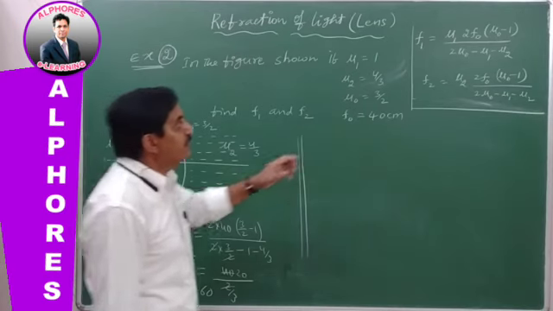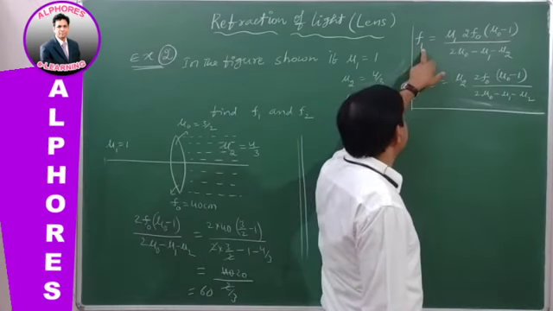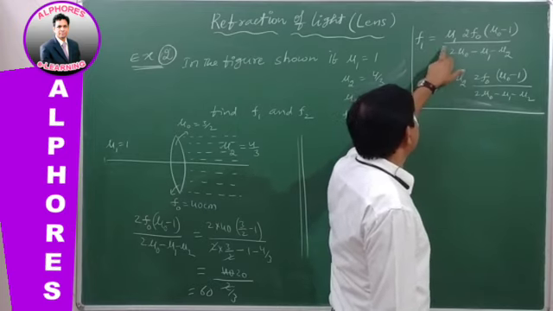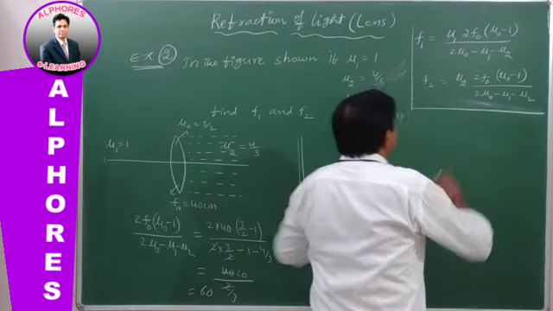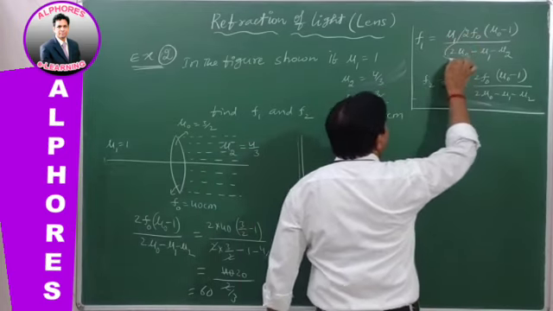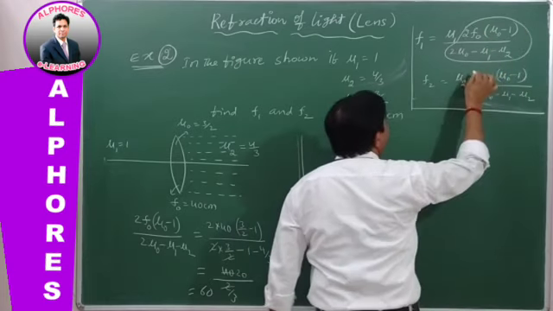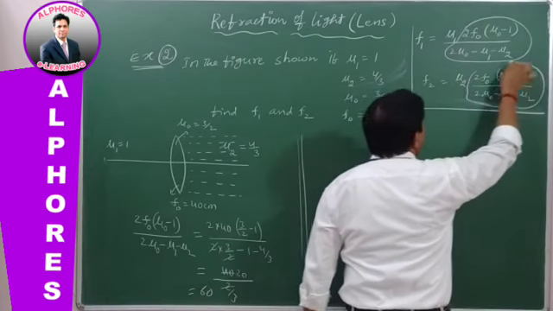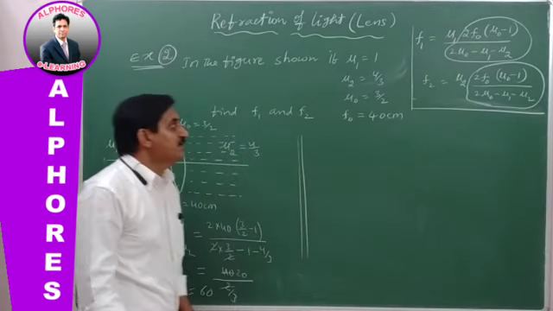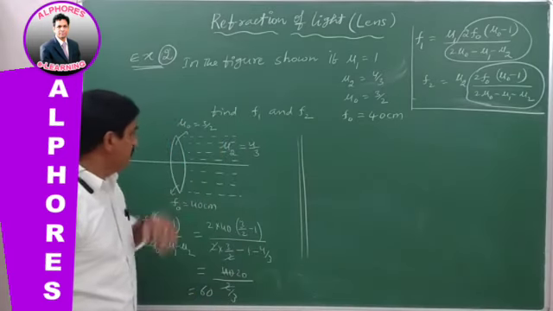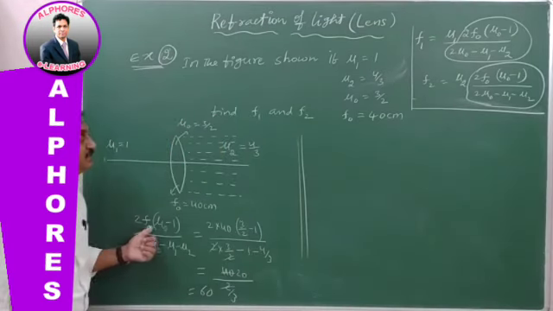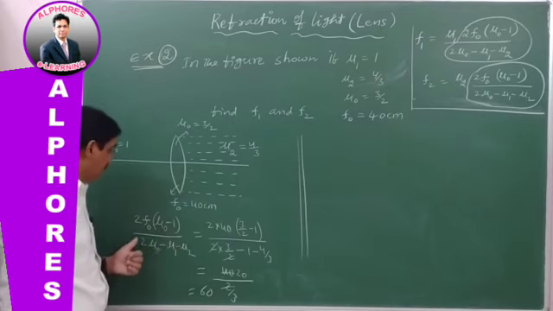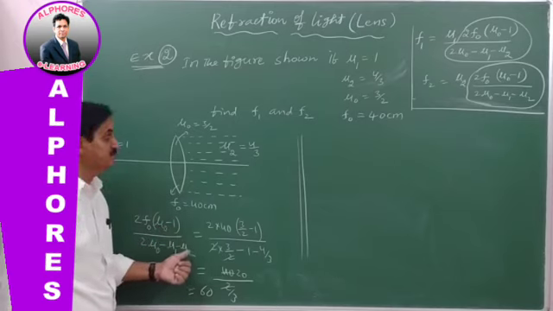Then the formula is already given here, the f1 and f2 formulas. So this total term will be common for both. See here, this is common for both. Then let us find that term, 2 f naught of mu naught minus 1, by 2 mu naught minus mu1 minus mu2.